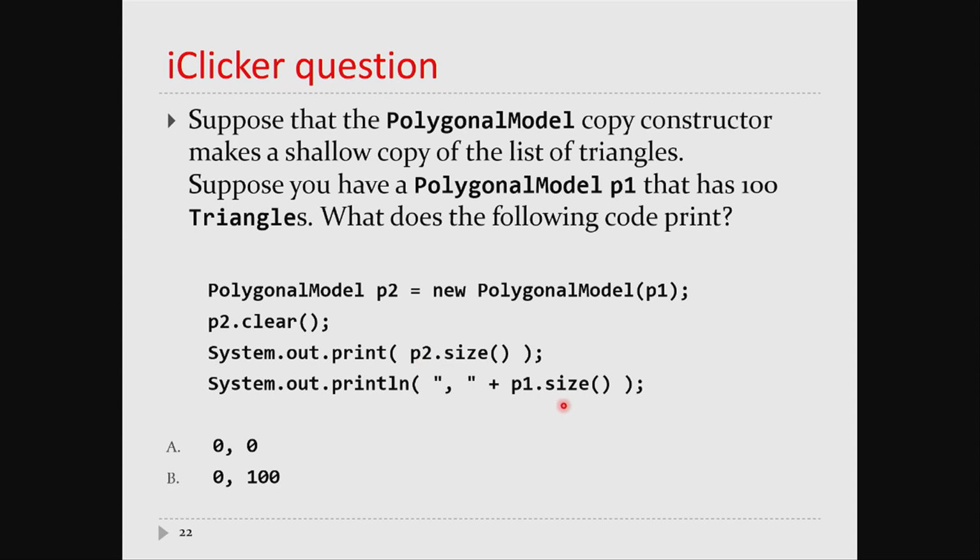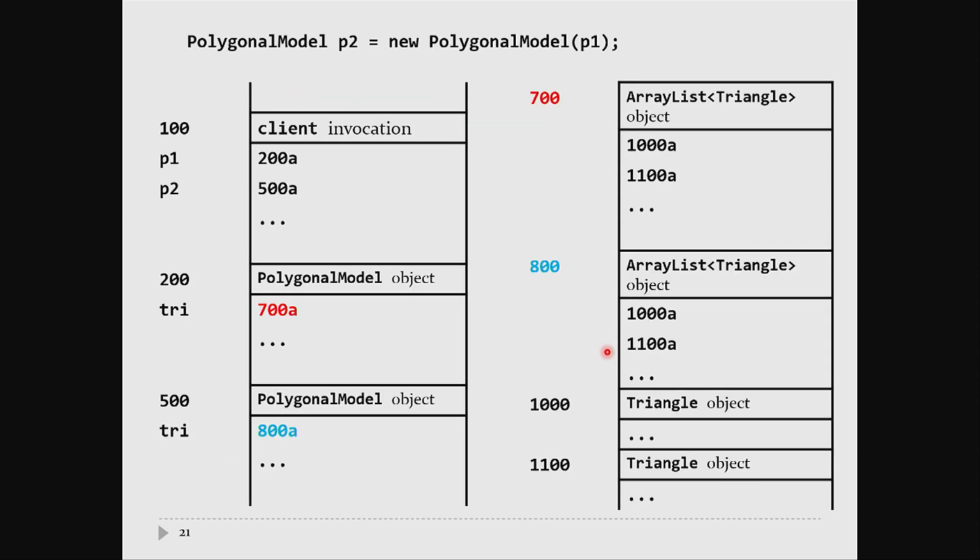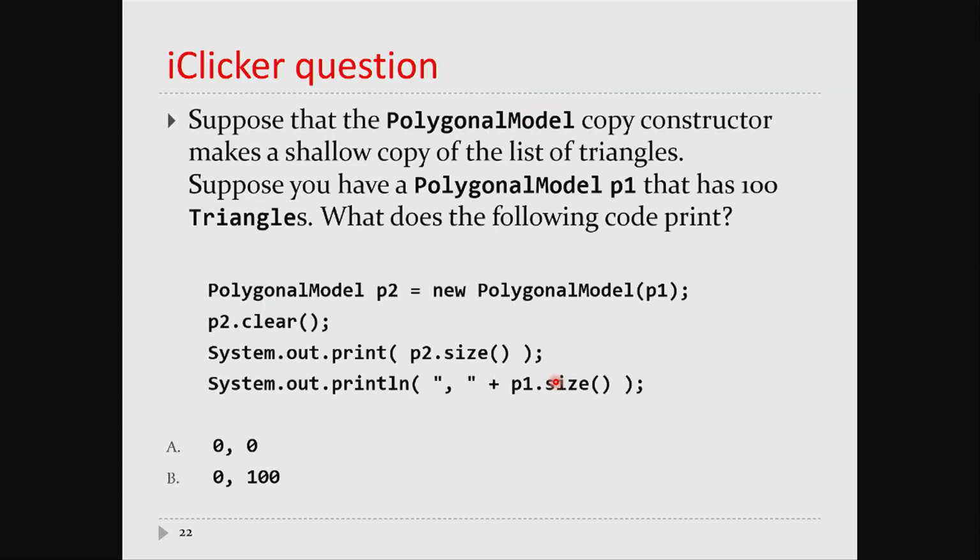But what's the size of P1? Well, the size of P1 is 100, because you have two separate lists. So when you use P2 to clear its list, it clears this list. P1's list does not change. So as far as P1 is concerned, it still has 100 triangles in it, but P2 now has no triangles in it. So there you should get 0 and 100.